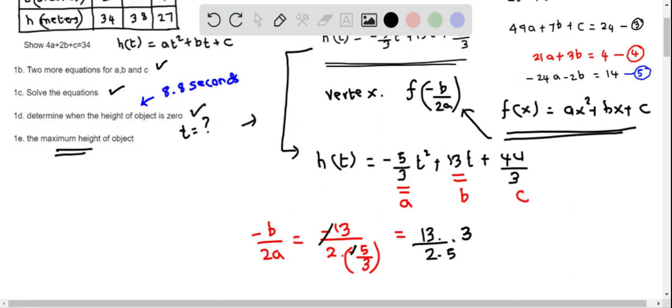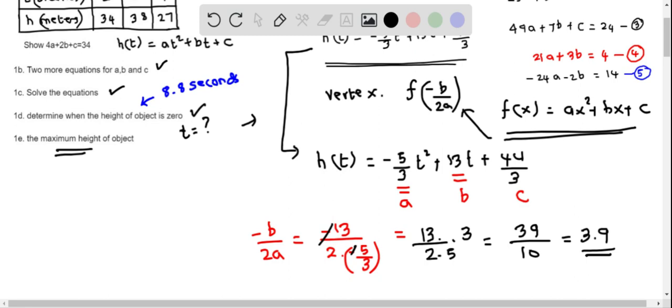So therefore it becomes 13 times 3 by 10. So 13 times 3 is 39 divided by 10, and this is equal to 3.9. So what we have found is just the value of t when the object reaches the maximum height.